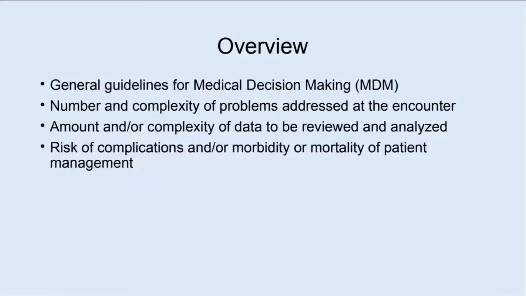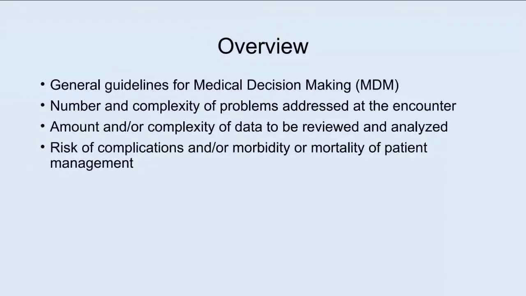Okay, so here is what I'm going to talk about today. This video covers changes to medical decision making, including general guidelines and the 3 elements of medical decision making: number and complexity of problems addressed at the encounter, amount and/or complexity of data to be reviewed and analyzed, and risk of complications and/or morbidity or mortality of patient management.